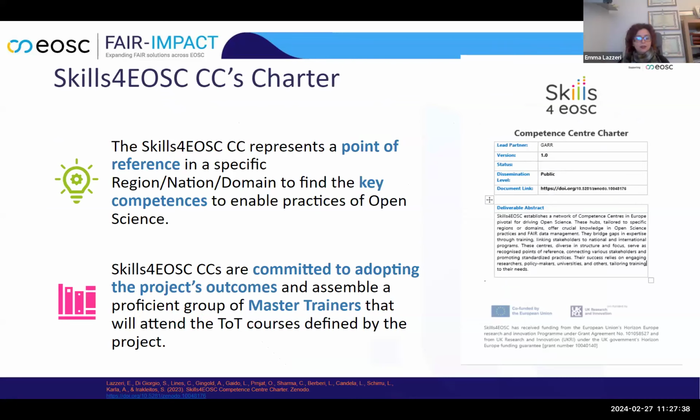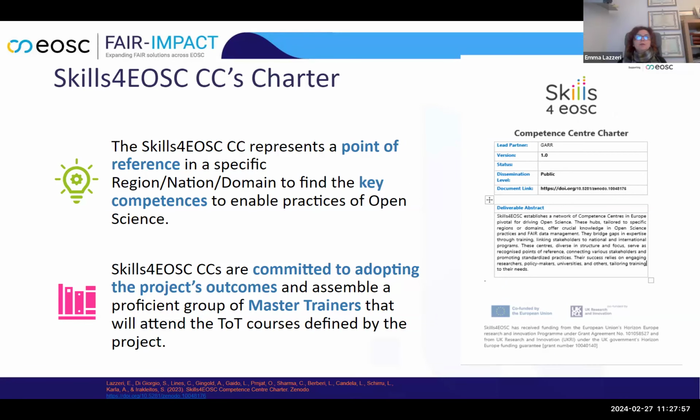We defined a few months ago what we call the Skills for IOSC Competence Centers Charter. This is just a draft, and it is a living document that we are constantly updating to meet the community expectations and needs.